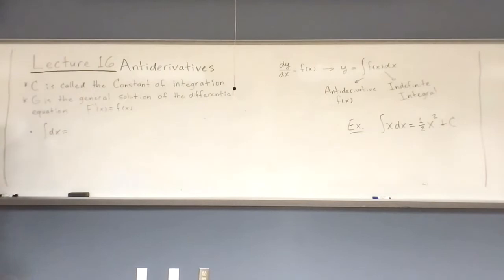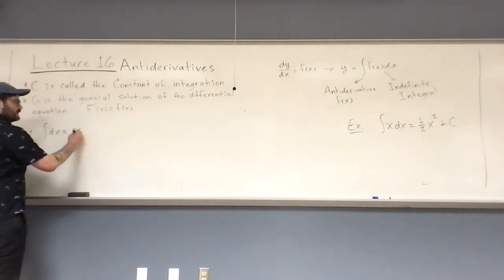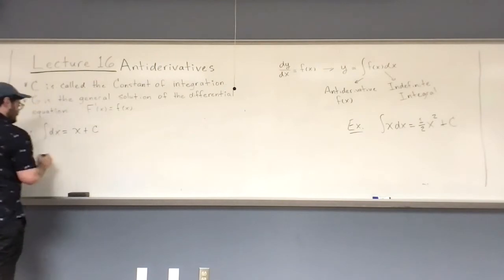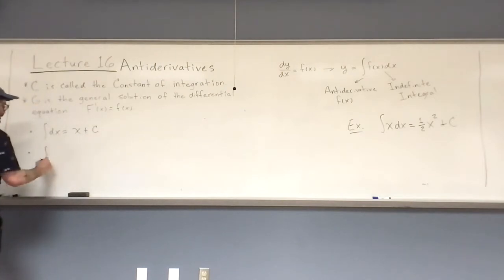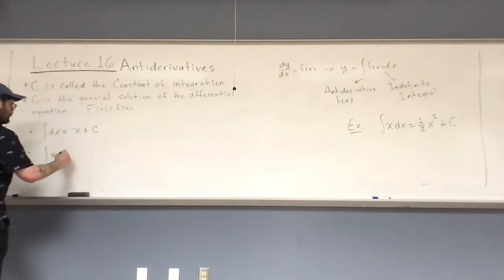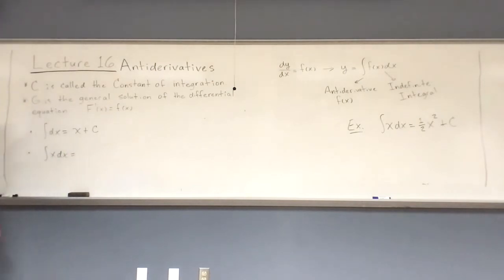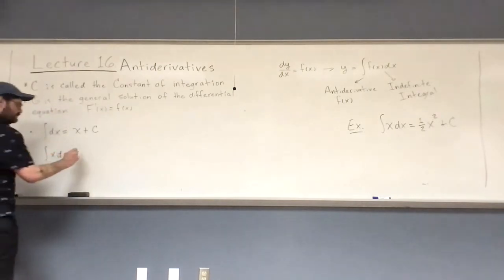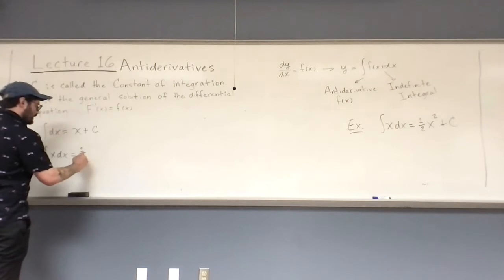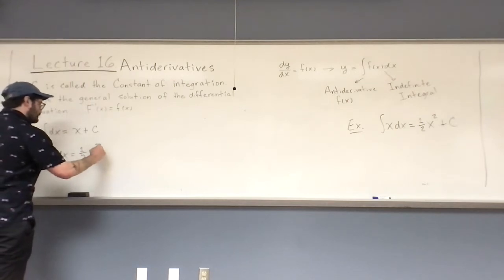The antiderivative of 1 is just x plus c, right? The antiderivative of x, the general form, is 1/2 x squared plus c.